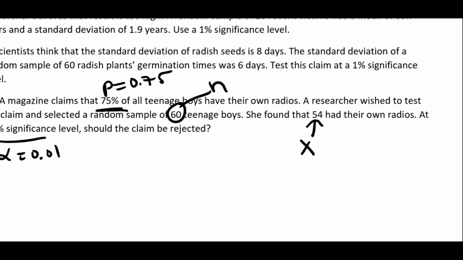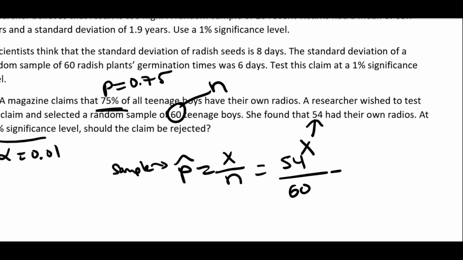So that means, remember, to calculate our p hat from our sample, the formula for that is x divided by n. To calculate our sample proportion, we take the fact that there's 54 boys that had their own radios out of 60 and convert that to a decimal.